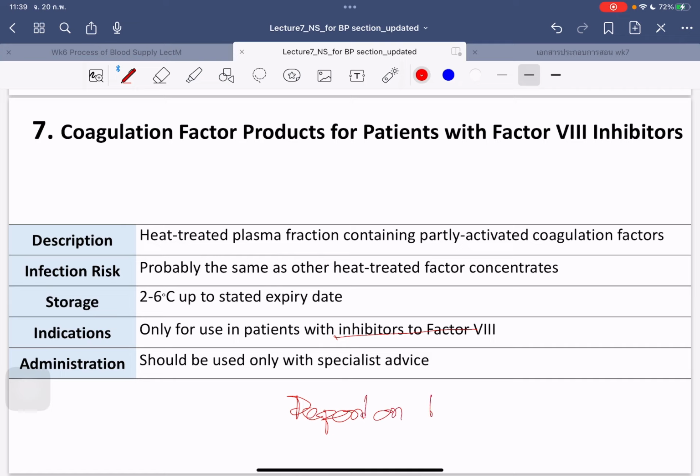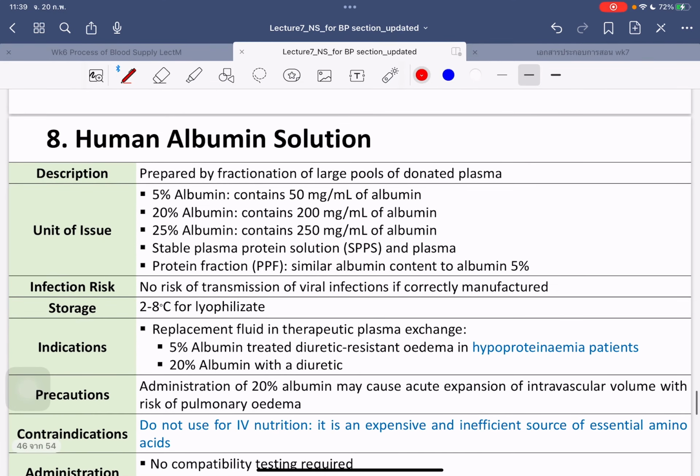The eighth one is the human albumin solution. When you think about albumin, what is its importance in your blood? It helps reduce permeability in the blood.